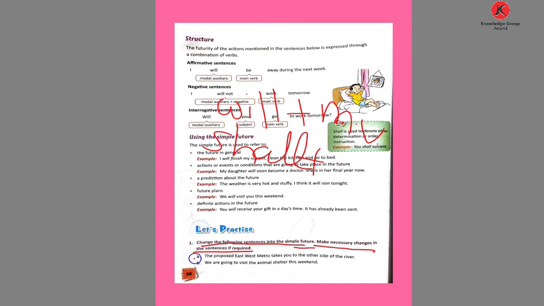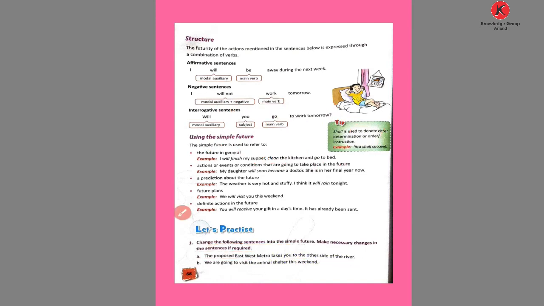Okay, here it is given: The proposed east-west metro takes you to the other side of the river. So what can we do here? We just find out the verb. What is the verb here? Here the verb is takes. So this is the subject, verb and the other parts, the object. So we write the subject, then what do we write?